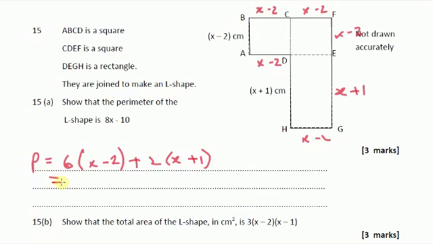Now I can simplify this. And if we bring like terms together, we get 8x and minus 12 plus 2 is minus 10, which is exactly the expression that we were asked to show.